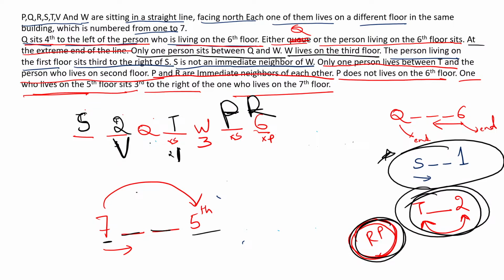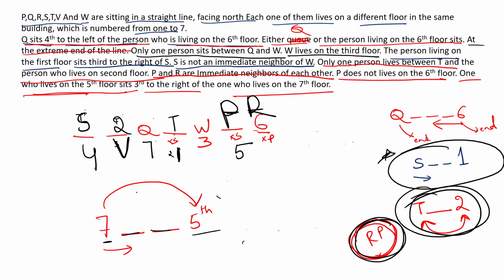So if I place 7 here, after 2 places I can get 5th here. This should be 7, and after leaving 2 places this should be our 5th floor. I know first, second and third floors are there, fourth is not there, and 5, 6, 7 are there, so this should be 4.